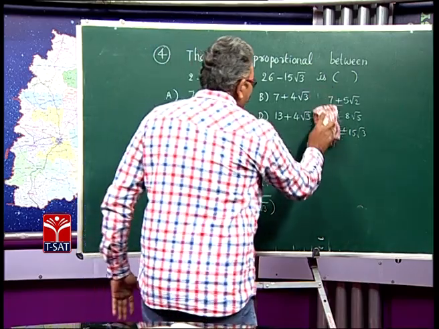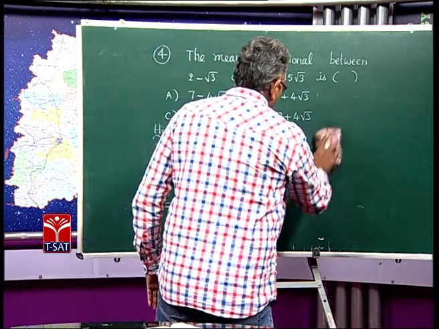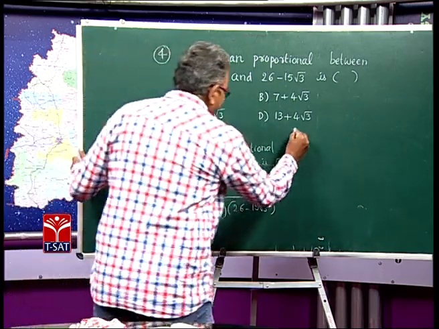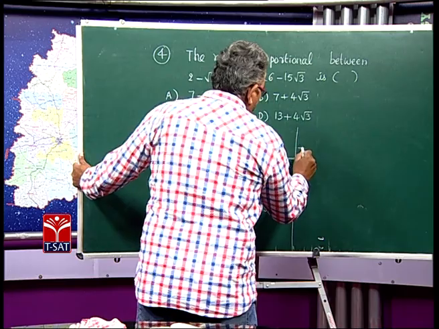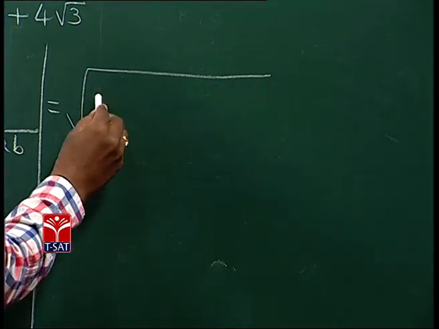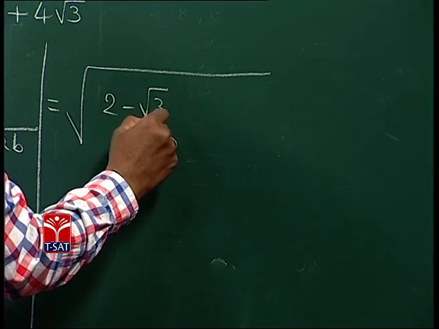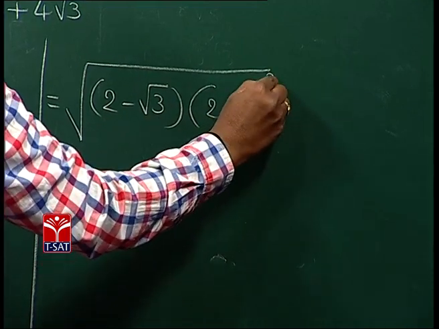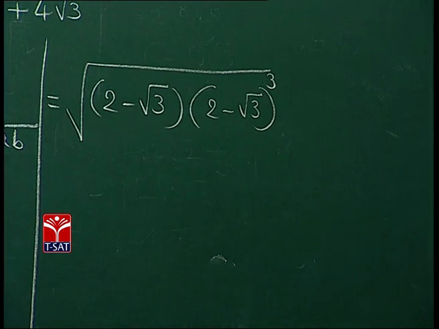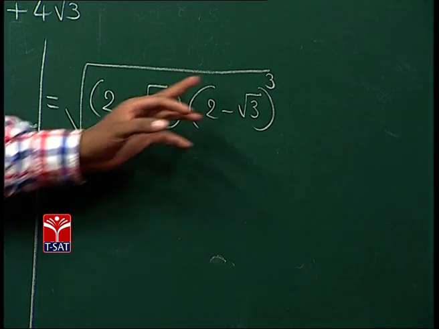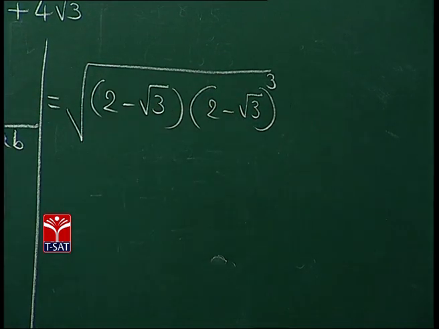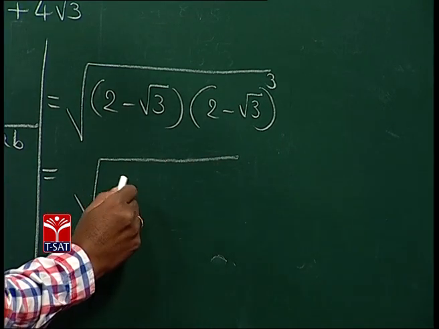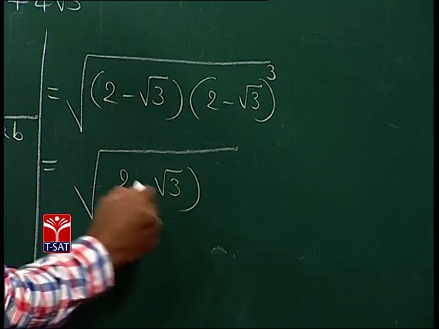Now this can be written as square root of 2 minus root 3 into 2 minus root 3 whole cube. Now a into a cube is a power 4. In a similar manner, this can be written as 2 minus root 3 whole to the power 4.